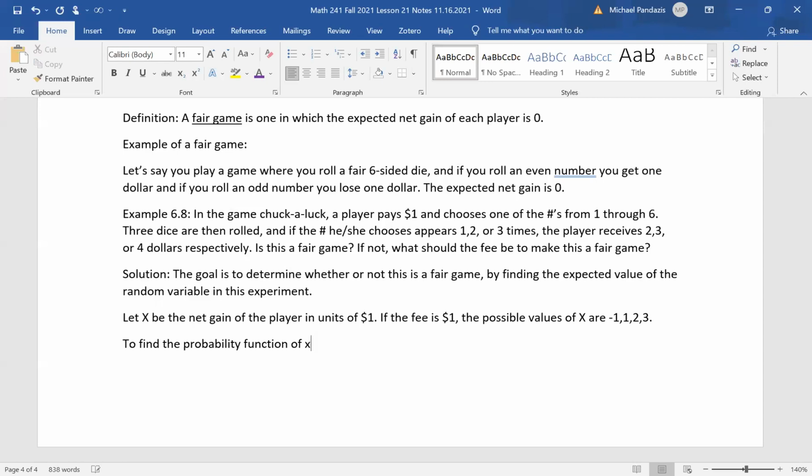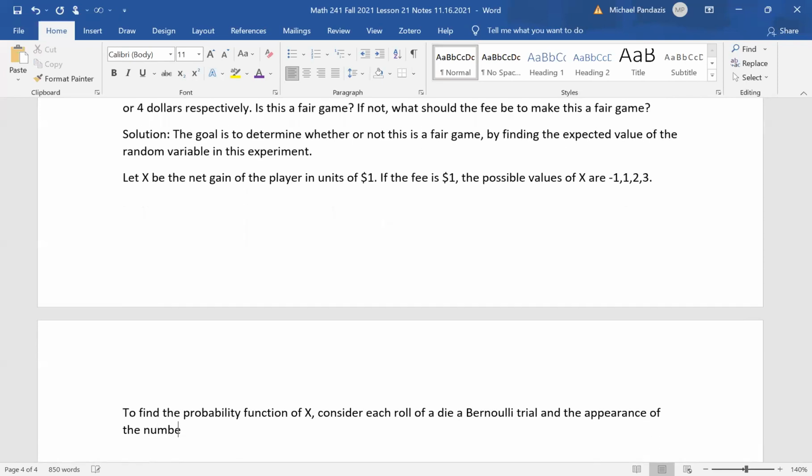Okay, so to find the probability function of capital X, consider each roll of a die a Bernoulli trial, and the appearance of the number chosen as a success in a Bernoulli trial.